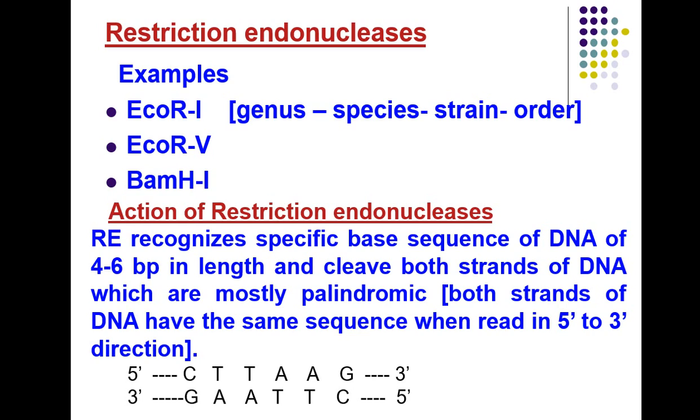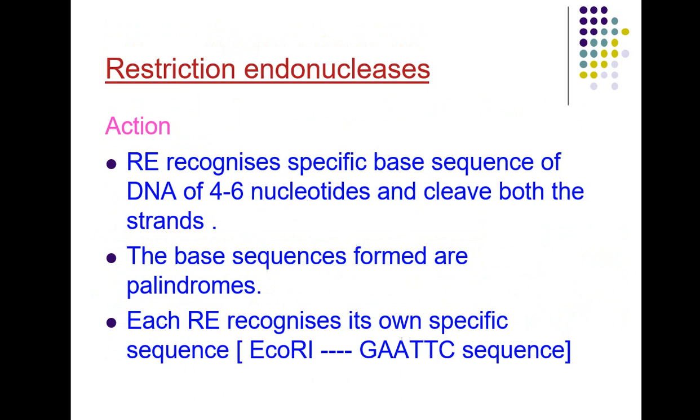This kind of sequence is identified by restriction endonucleases, and they cut that sequence of DNA to stop other species of DNA from growing in the bacterial growing medium. That is how these enzymes protect the bacterial DNA and bacterial species.